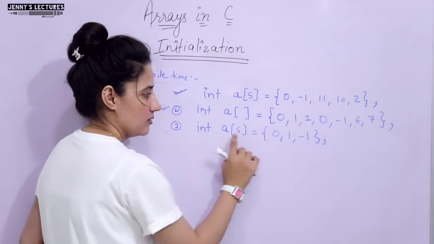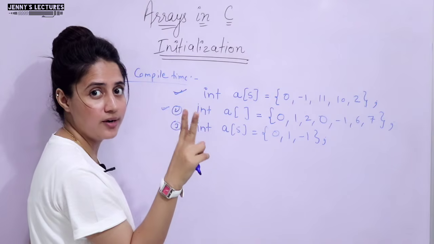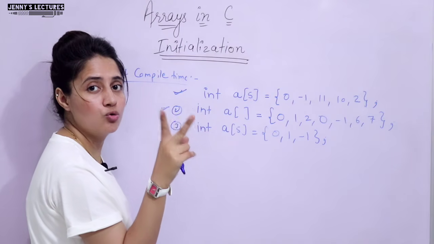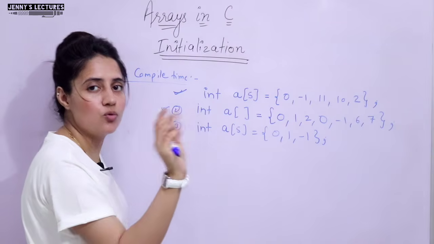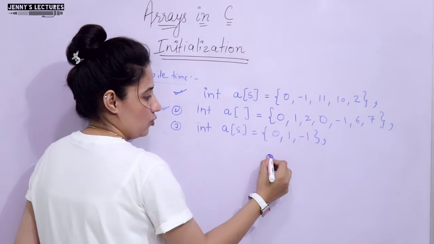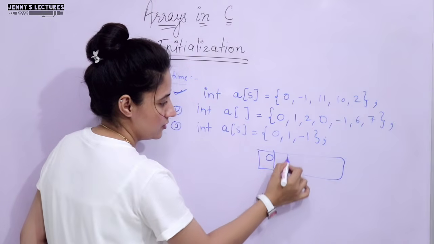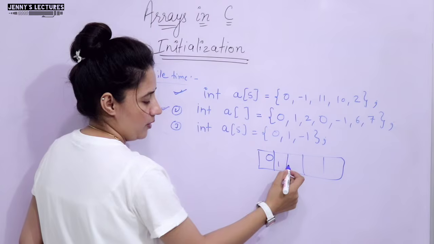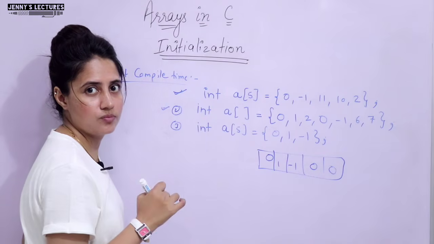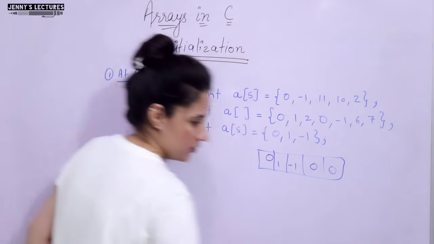We are left with space for 2 more data items, and those would be initialized with 0. So, 0, 1, -1, and the remaining 2 locations would be filled with 0, 0 automatically. Okay, now this is fine.